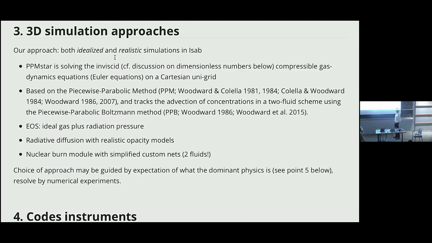It solves the compressible gas dynamics equations on a Cartesian grid with PPM and PBB for tracking, and towards realistic microphysics, and including simplified burn networks and so on and so forth. So this is our 3D simulation approach, and others will report others.